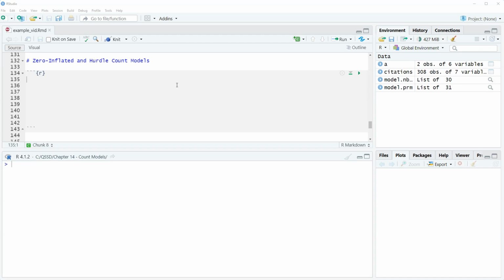With our negative binomial model, we had checked and we saw that we did not have a problem with excess zeros, so we didn't need to go down this path. But I still wanted to cover this because it's an important next step in terms of trying to figure out what is the best count model to use for our data.